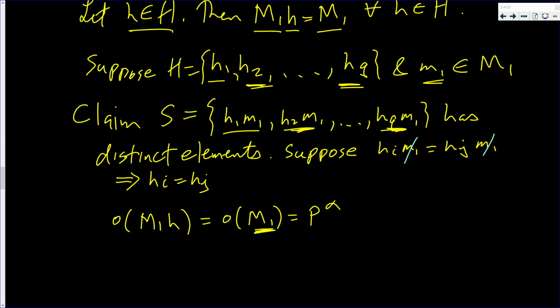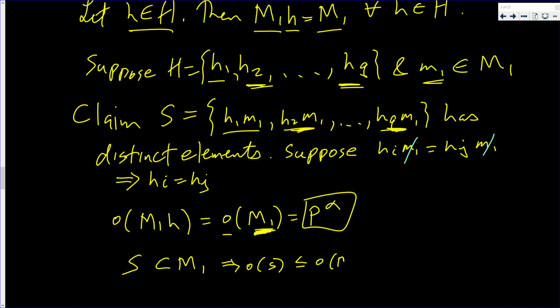So, by definition, the order of M1 must be p to the q. Now, this set S is contained in M1. It can't be bigger than M1. It is contained in M1. So, this implies that the order of S is less than or equal to the order of M1.